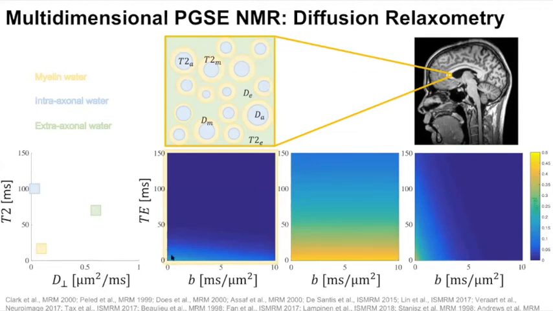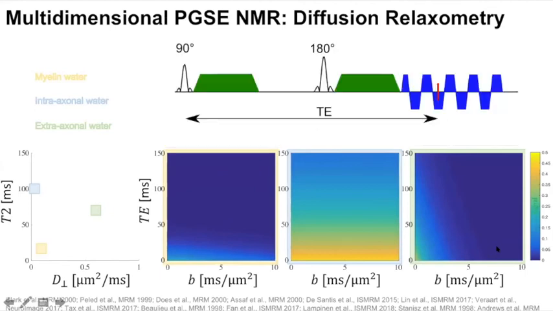So the signal is very low from that compartment. If the intra-axonal space is really a stick, you will not lose the signal with B value if you measure perpendicular to it. And this is the extra-axonal space represented by finite diffusivity, so you will lose it if you go to higher B values.